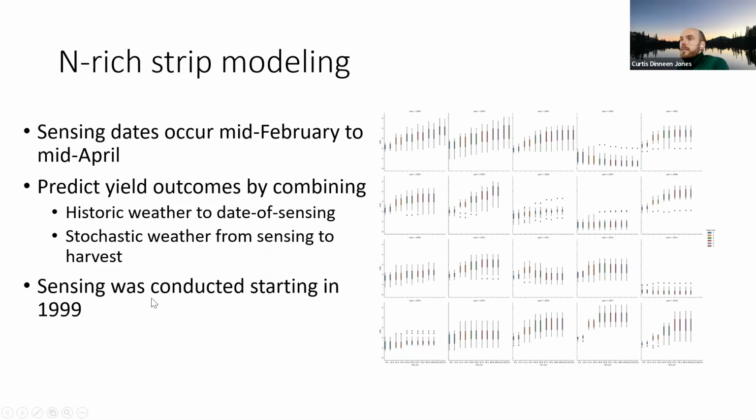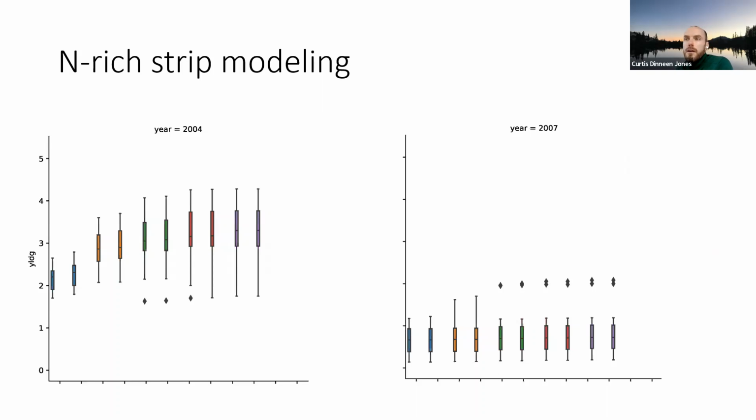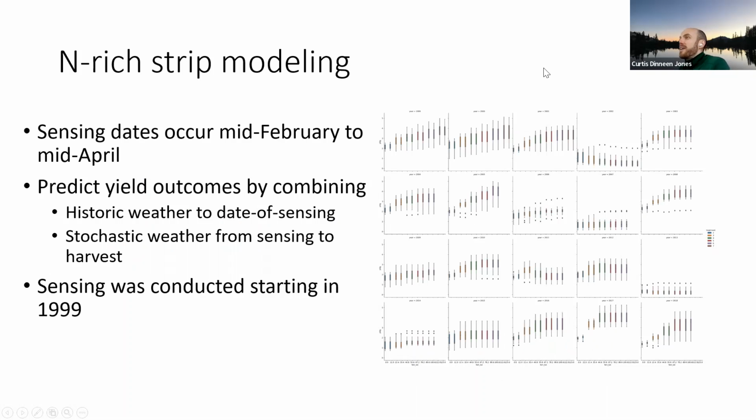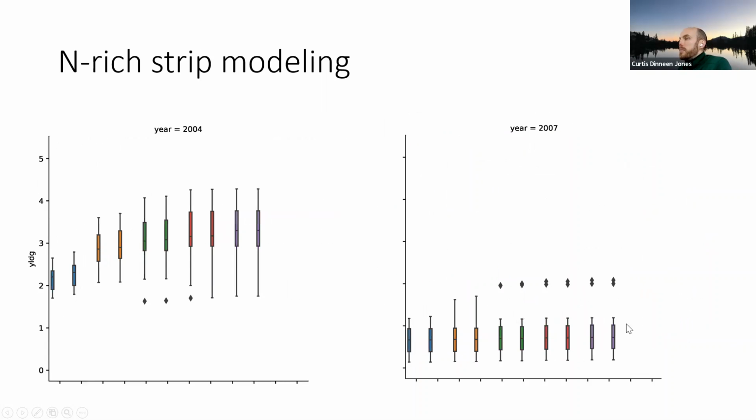And this was conducted from 1999 onward, so we have data from 99 to 2018. This giant plot is showing all those years from 99 to 2018, but zooming in so you can actually see what's going on.